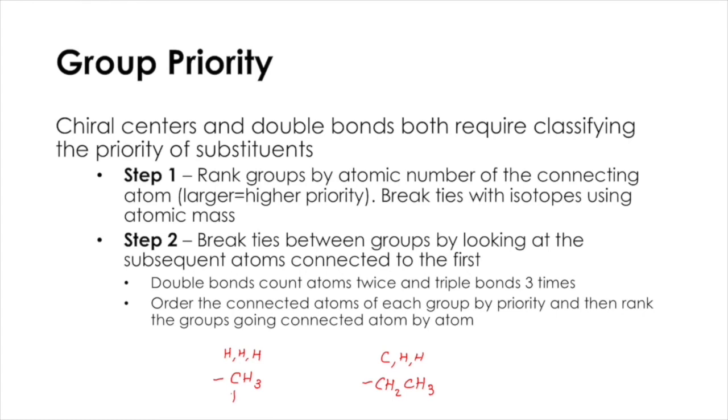We're looking at the connecting carbon. And so in the case of the ethyl, prioritizing the connected atoms, this carbon is higher priority than this hydrogen. And therefore, this ethyl takes priority over this methyl.